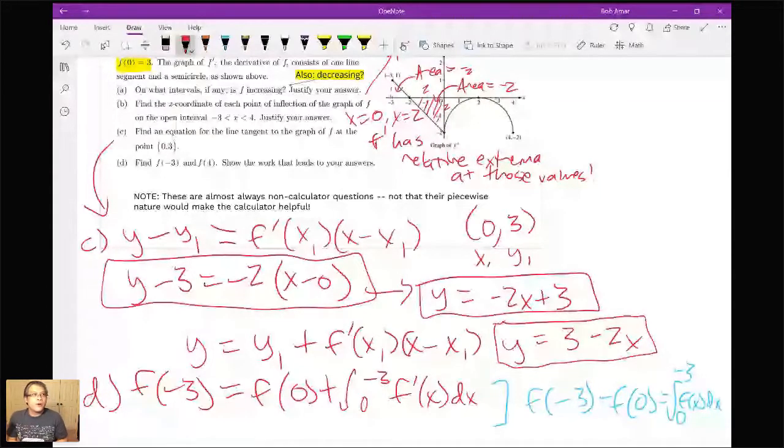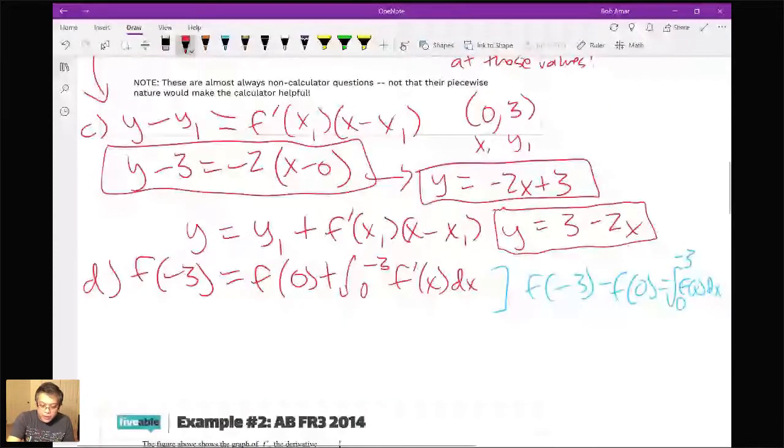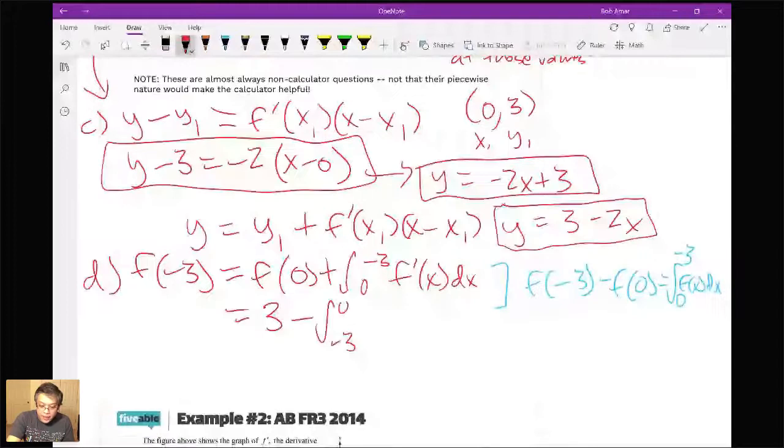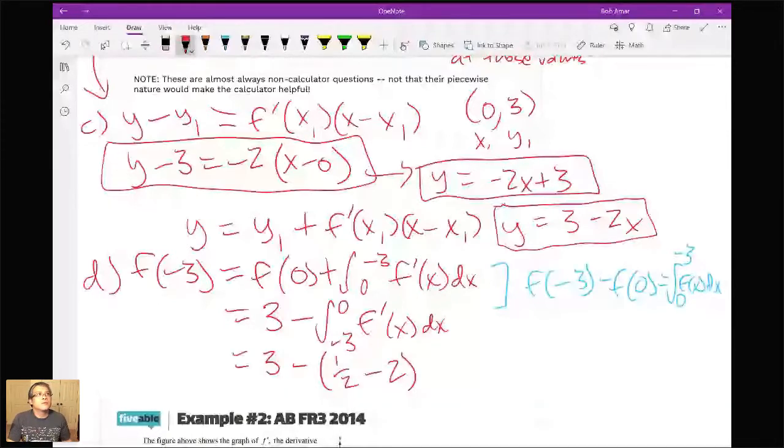Okay. So let me break this down a little differently. I'm now going to subtract the integral from -3 to 0. And so this is 3 minus the sum of those signed areas. Okay, and so that's 7.